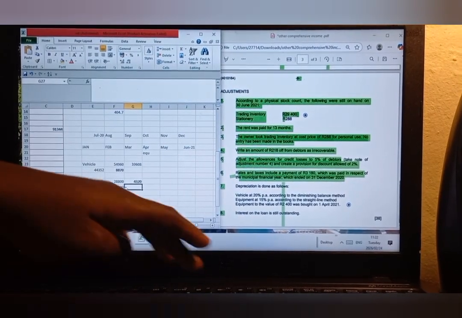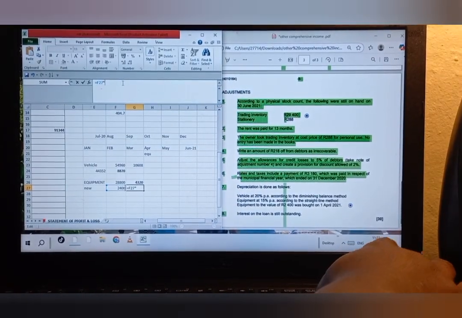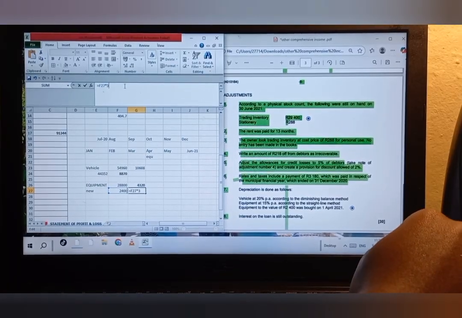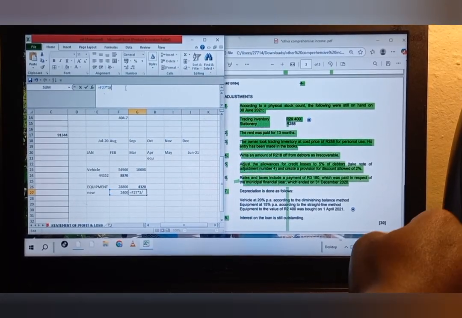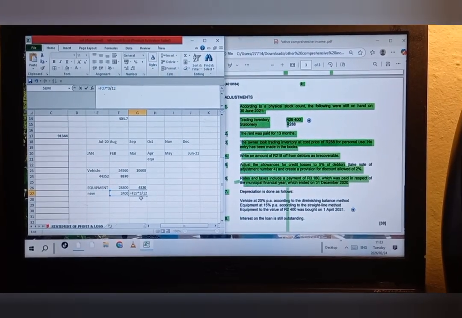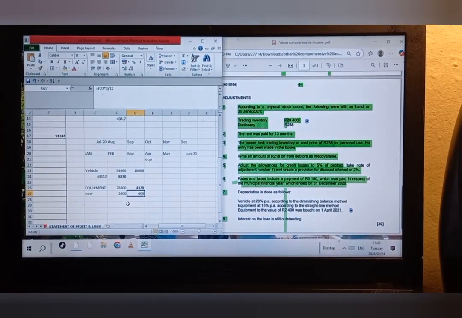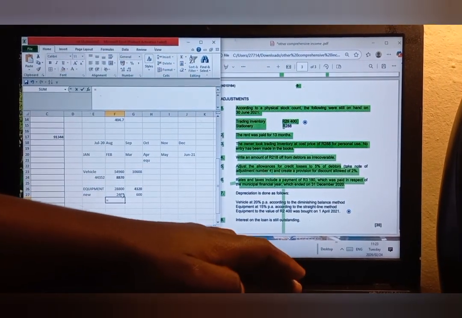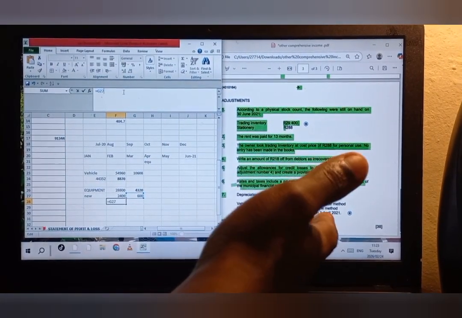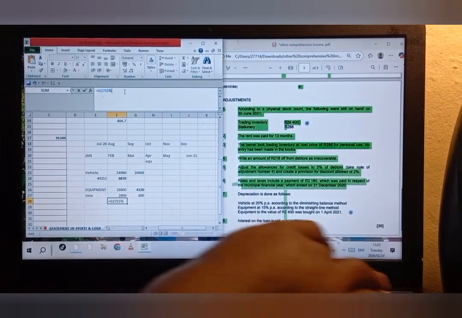We say this amount times three months divided by 12. You get your 600. The 600 that we get, you times it by 15%, because equipment is calculated at the straight line method, which is 15%.